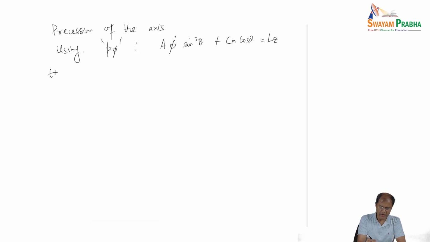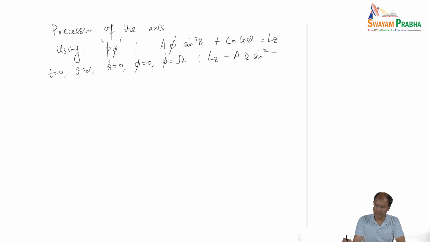And then at t equal to 0, we get theta equal to alpha, theta dot equal to 0, phi equal to 0, and phi dot equal to omega. These are my information, and for this we can plug in and find this constant LZ. LZ is a omega sine square alpha plus cn cos alpha, right?